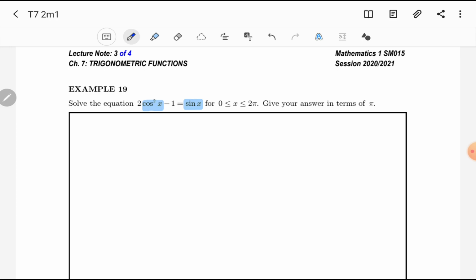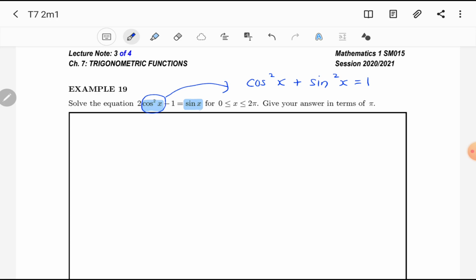But before that, we need to make sure kita ada one ratio term only. Okay, so for this case, awak kena tahu identity. Identity is cos square X plus sin square X equals to 1. So, kita boleh tukar cos square X.